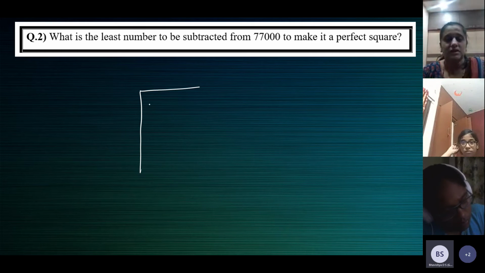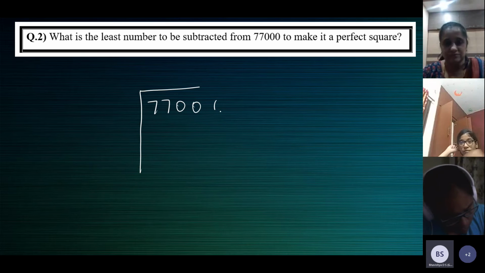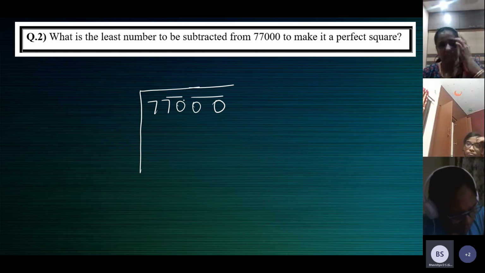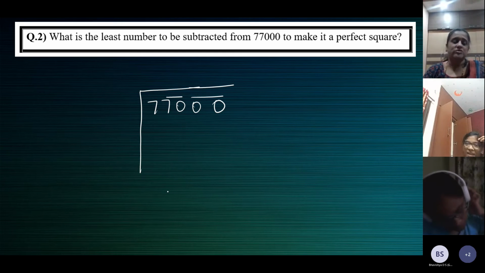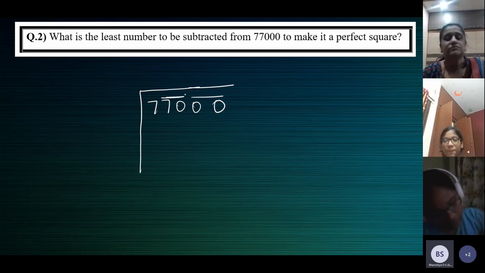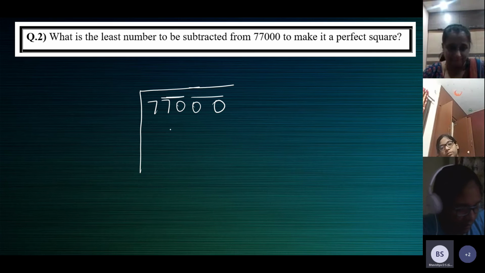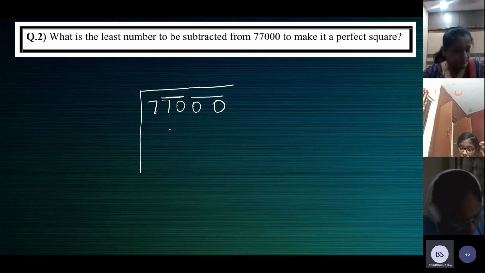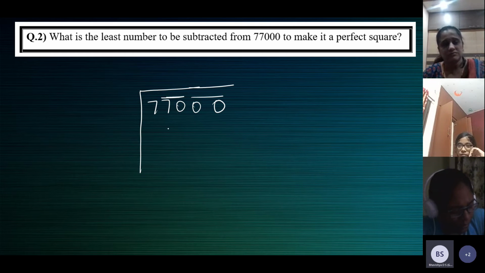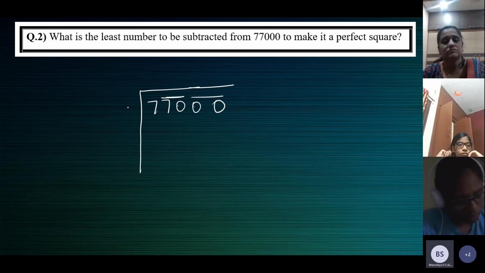Yes, ma'am. First, ma'am, they gave 77,000. So I have grouped the 2 zeros, and 70 and 17. So I have taken 2 twos of 4.